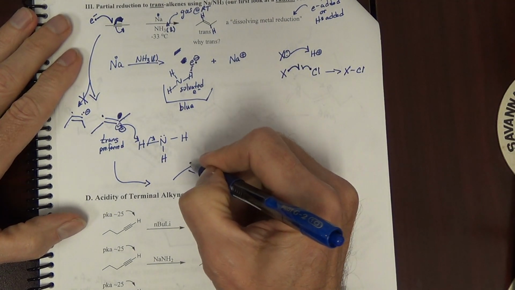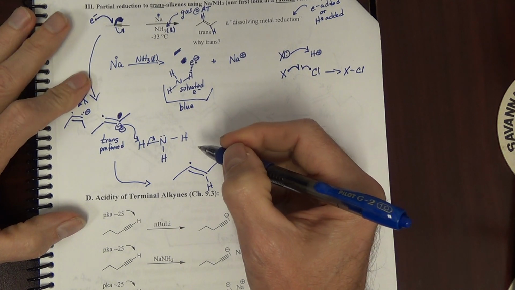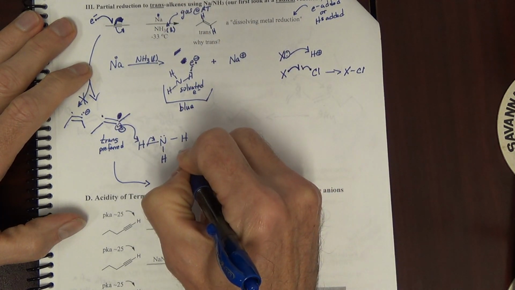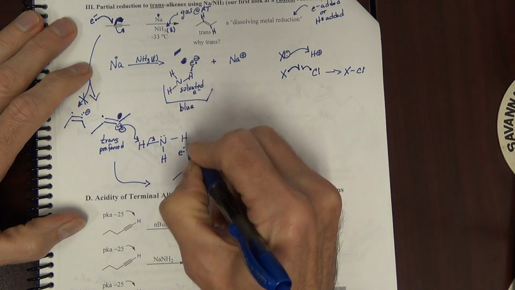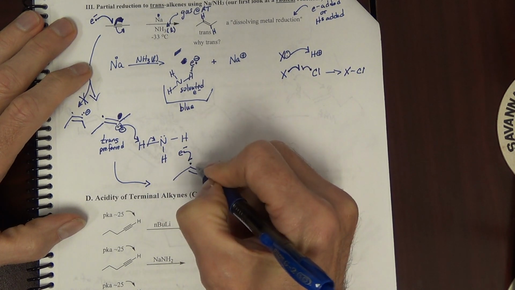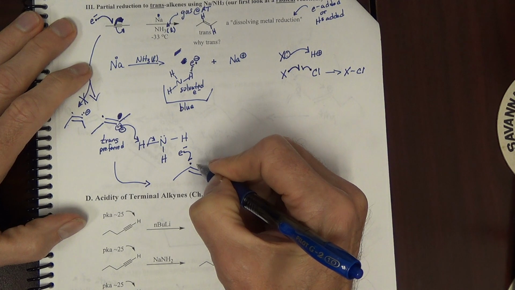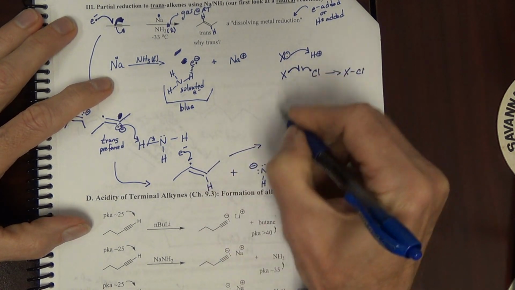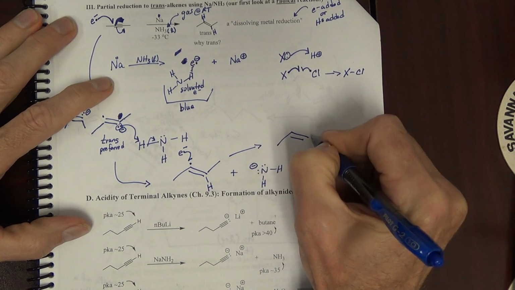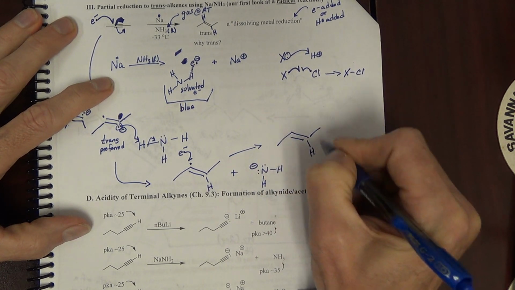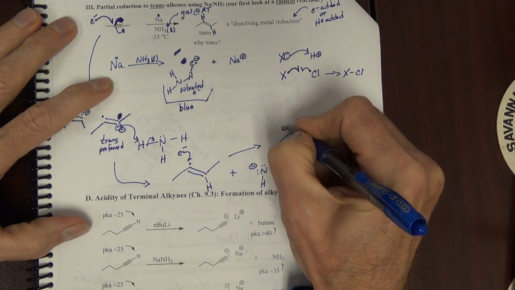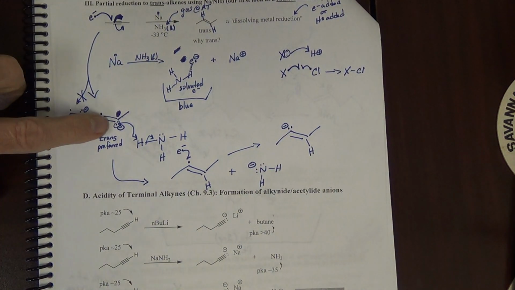Now we need another electron, and another electron comes from a second sodium. And it moves in here. All right. And that leads to the H there. Now we have two electrons here, and now that's a minus charge again, just like here was.